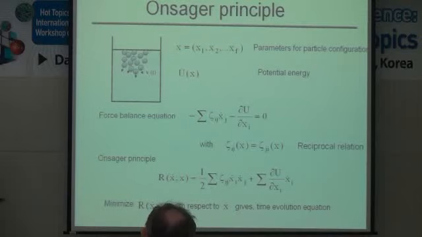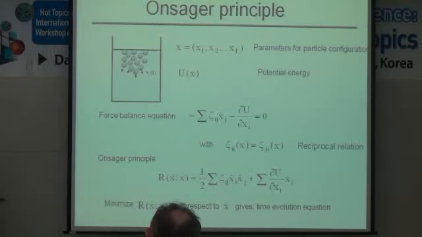Now, the beauty of Onsager's theory is that you can prove this kind of reciprocal relation without using hydrodynamics. Onsager used Einstein's idea that this frictional coefficient is related to the time correlation function of the random force acting on the particles.